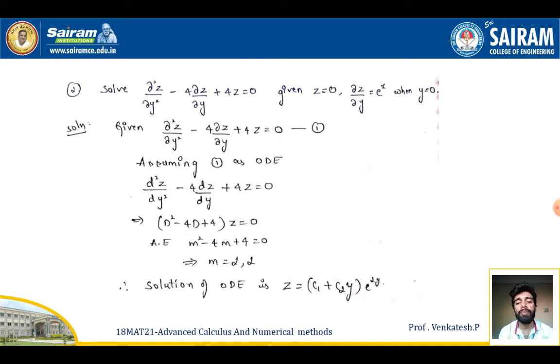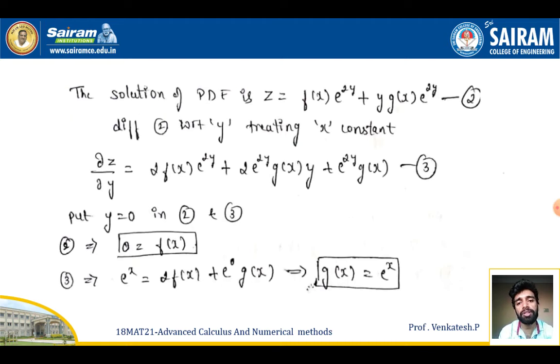Now I want to estimate the solution of the partial differential equation, so I replace the constants c1 and c2 with functions f(x) and g(x). So the solution of the partial differential equation will be, replacing c1 with f(x) e^(2y) plus y times c2 as g(x) e^(2y). So this is a solution for the partial differential equation.